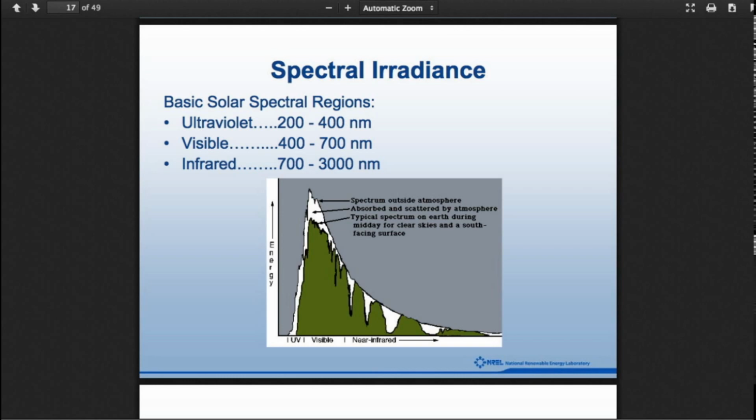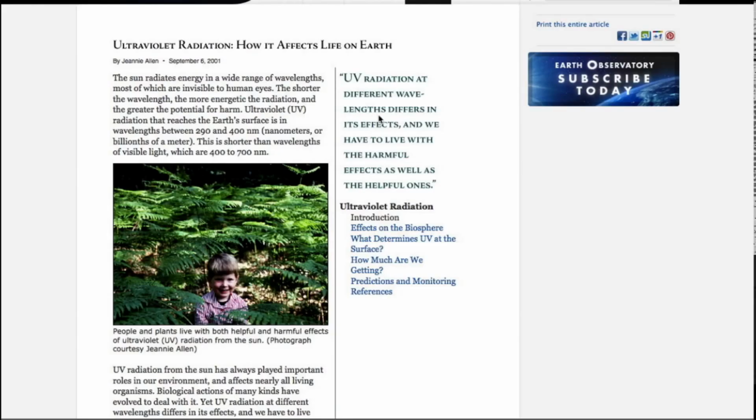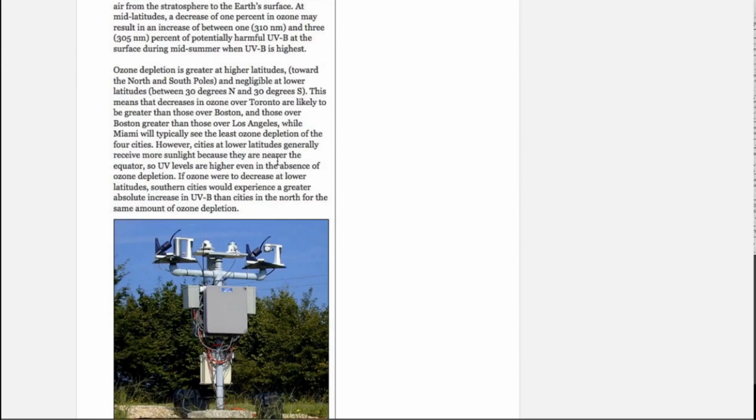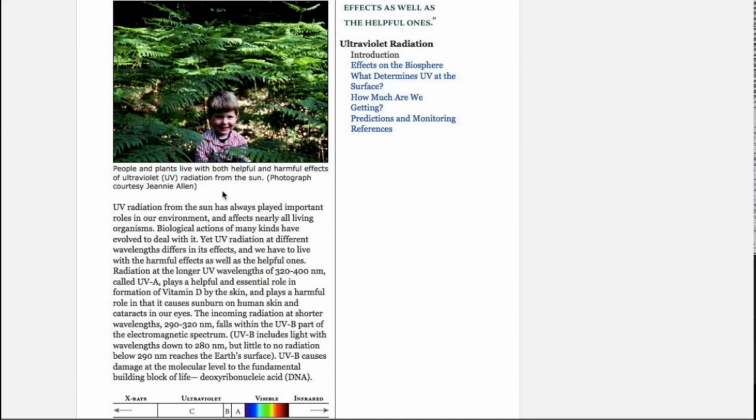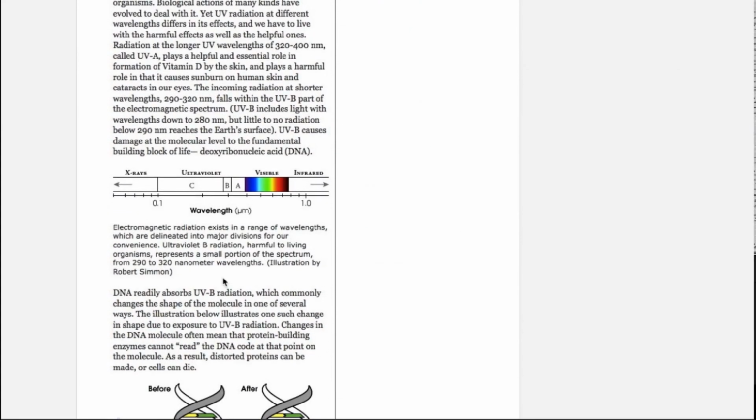And what's more, it's only UVB and UVA that's measured, and UVA is the most common.